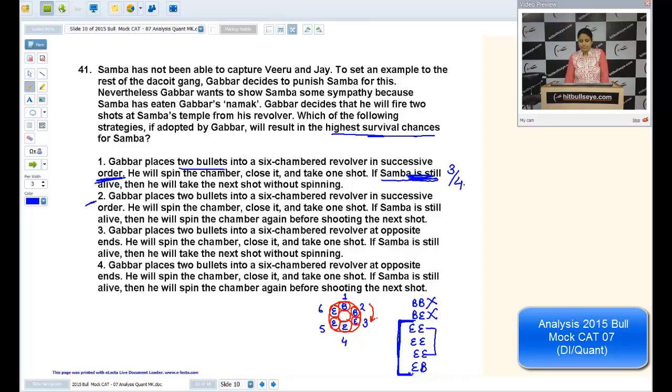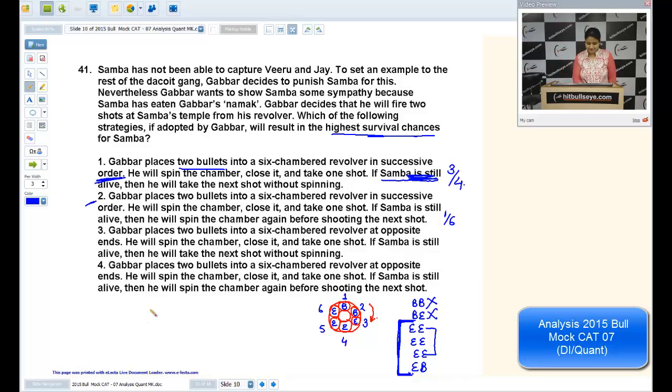What will be the probability of this? Samba will spin the chamber again. It means any place can come. It means the probability of the second thing will be 1 by 6. First shot and second shot, they will be independent.